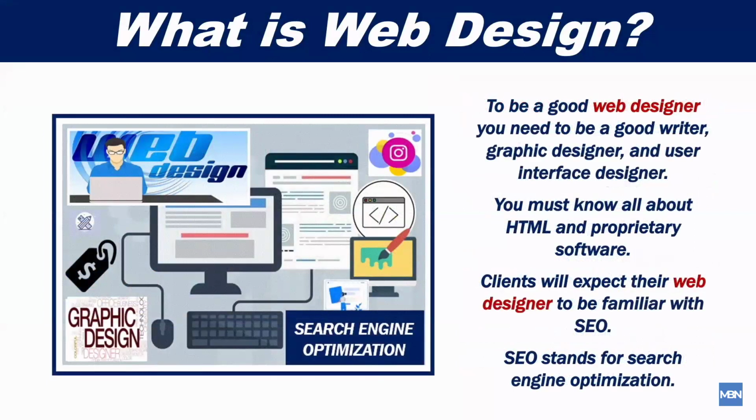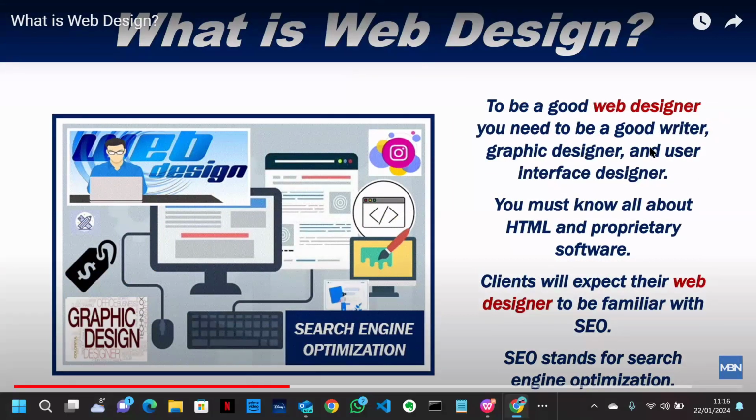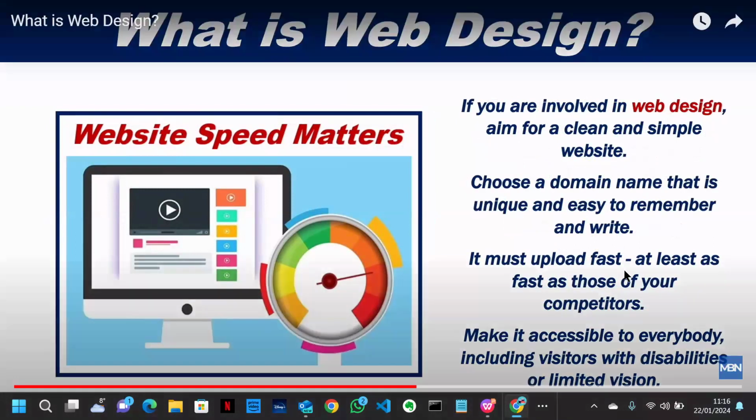You must know all about HTML and proprietary software. Clients will expect their web designer to be familiar with SEO. SEO stands for Search Engine Optimization. If you are involved in web design, aim for a clean and simple website. Choose a domain name that is unique and easy to remember and write. It must upload fast, and you have to make it accessible to everybody, including visitors with disabilities or limited vision.